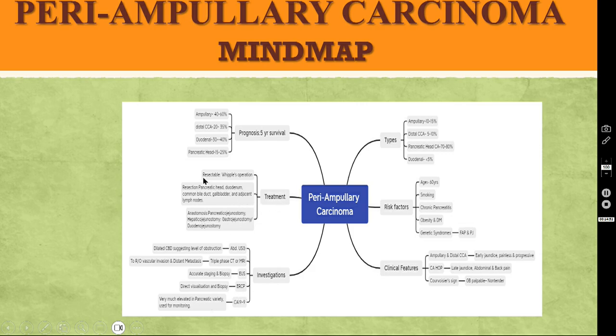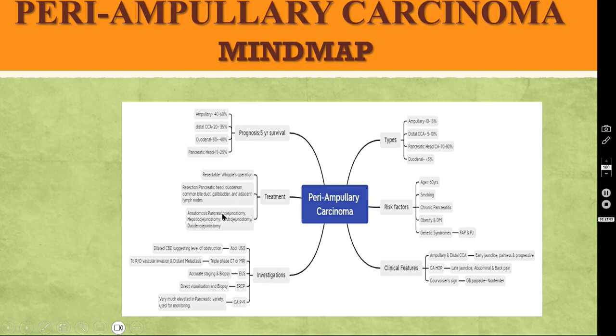Treatment: if it is resectable, for all cases we have to do pancreatoduodenectomy or Whipple's, where we have to resect the pancreatic head, duodenum, CBD, gallbladder, and adjacent lymph nodes also.